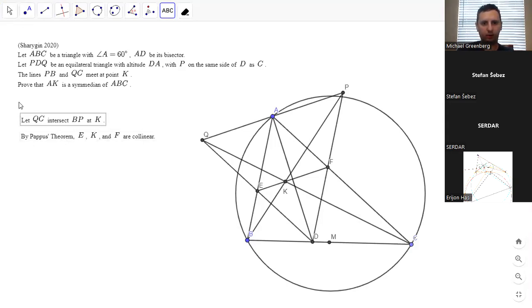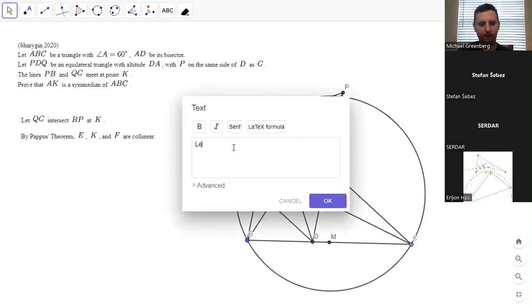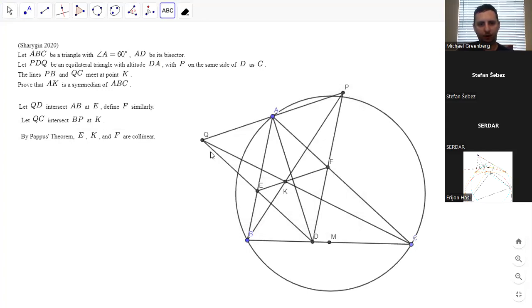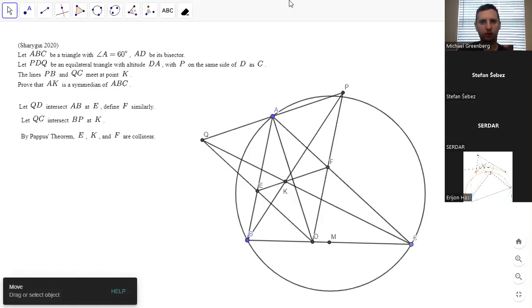Let QD intersect AB at E. I'll just say define F similarly. And then eventually we're going to use the isogonal line lemma. Hold on just a second. Let me read what Serdar put.